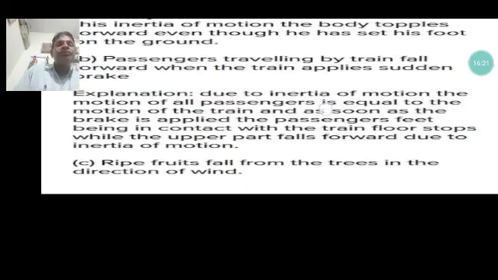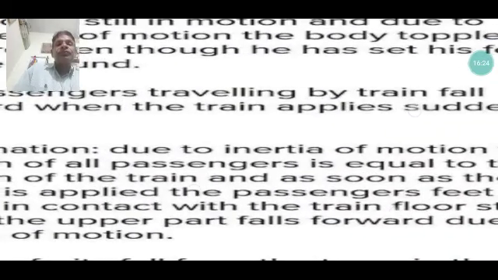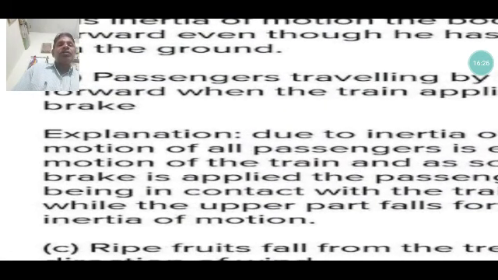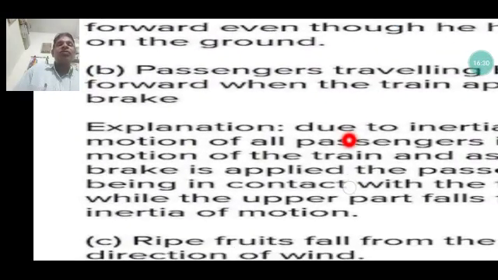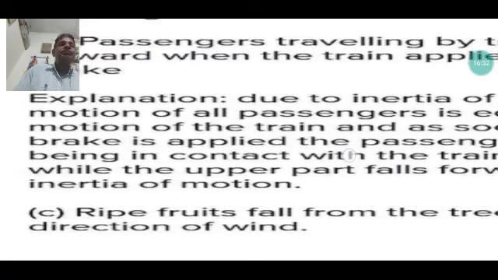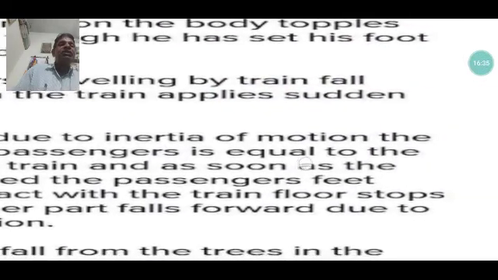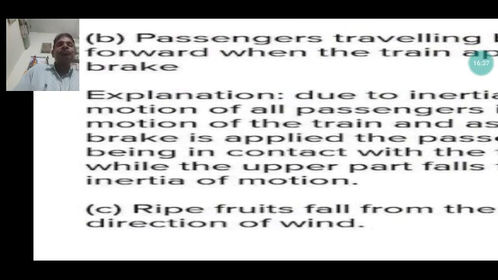Next, a passenger traveling by train falls forward when the train applies a sudden brake.